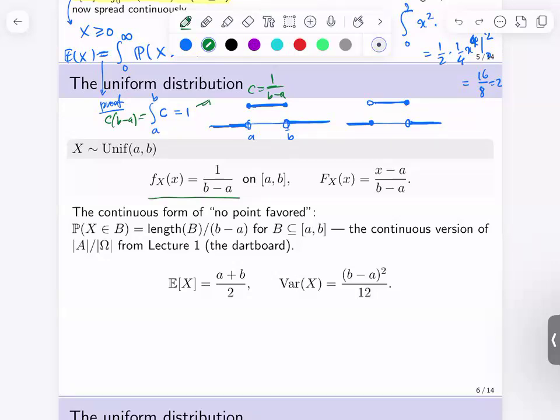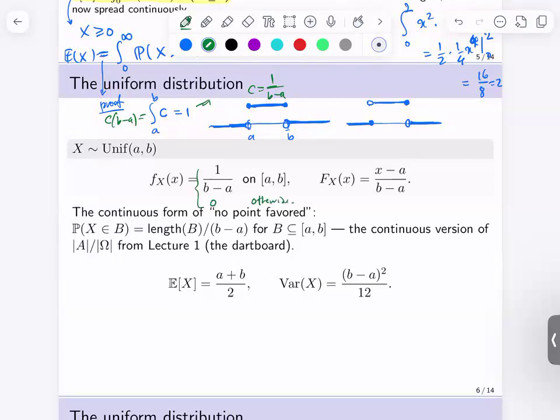Here we are defining it to be non-zero at both endpoints, but we can actually define it to be anything. You can define it to be any number there. It doesn't have to be zero, doesn't have to be exactly this. It doesn't matter really. So on that interval it's 1 divided by b minus a, and 0 otherwise.